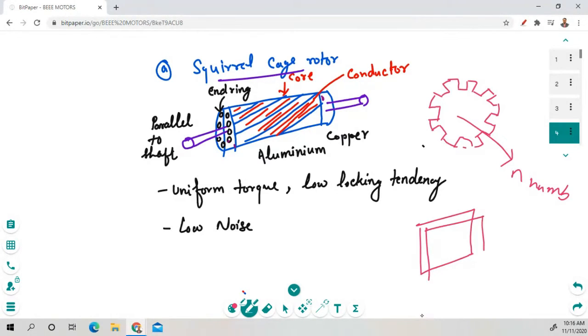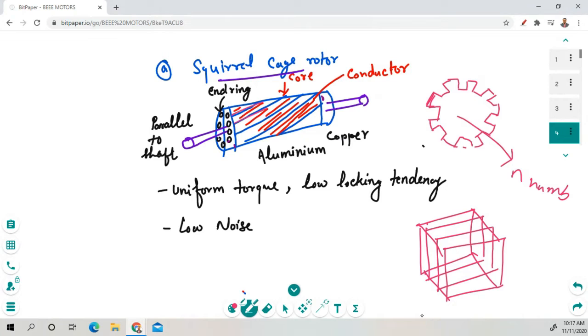There are a number of plates in a transformer, and these plates are connected with each other with some insulating material. When they join together, they make a transformer core like this. So in this squirrel cage rotor, there are a number of metal plates, joined together with some insulation, and they form a conductor like this.